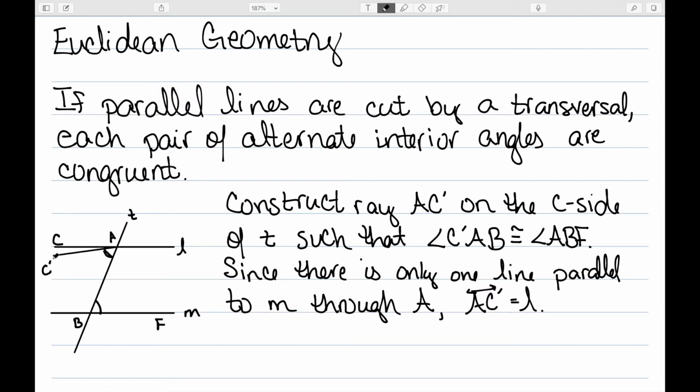So now I know that this C prime is actually on the line L, so it's also the same as CAB. So now I have that the alternate interior angles must be congruent if the lines are parallel.